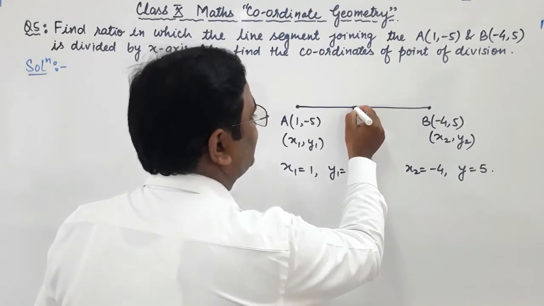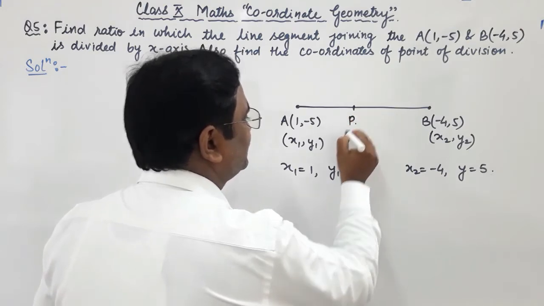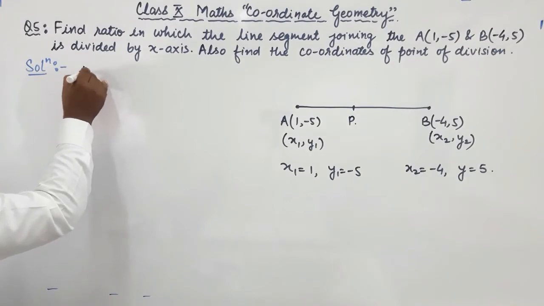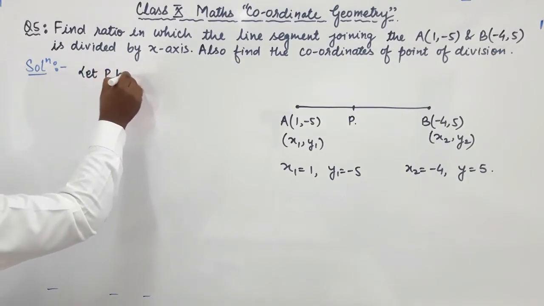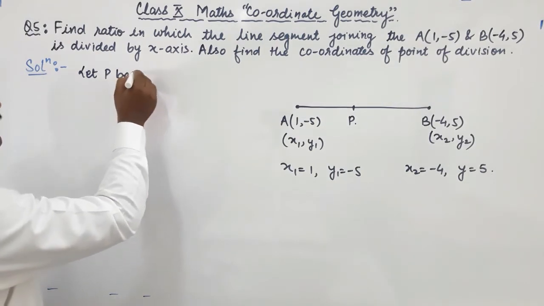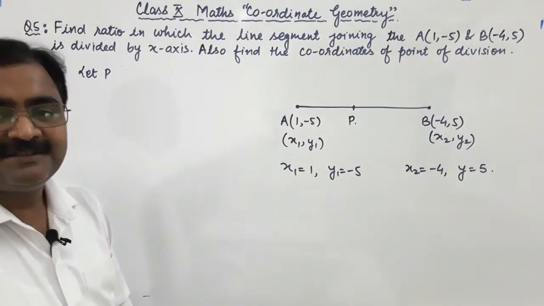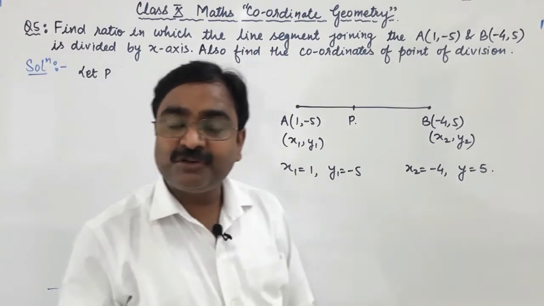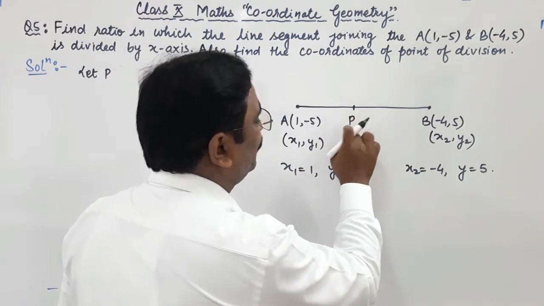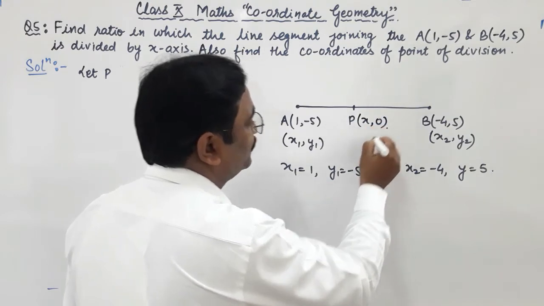So let P be the point of division, and as you know, this P is on the x-axis. Do you know the coordinates of any point that lies on the x-axis are always in the form (x, 0)?